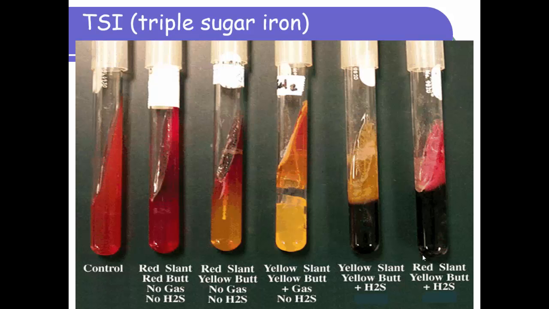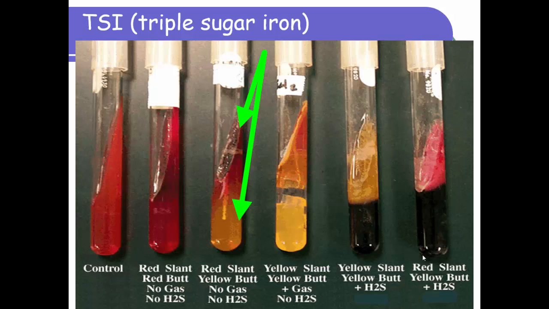Here are some examples of TSI. This is the control. It's reddish to begin with. Upon inoculation, if neither the slant nor the butt turns yellow, this is a negative / negative result. In this tube, the slant is red, but the butt turned yellow.